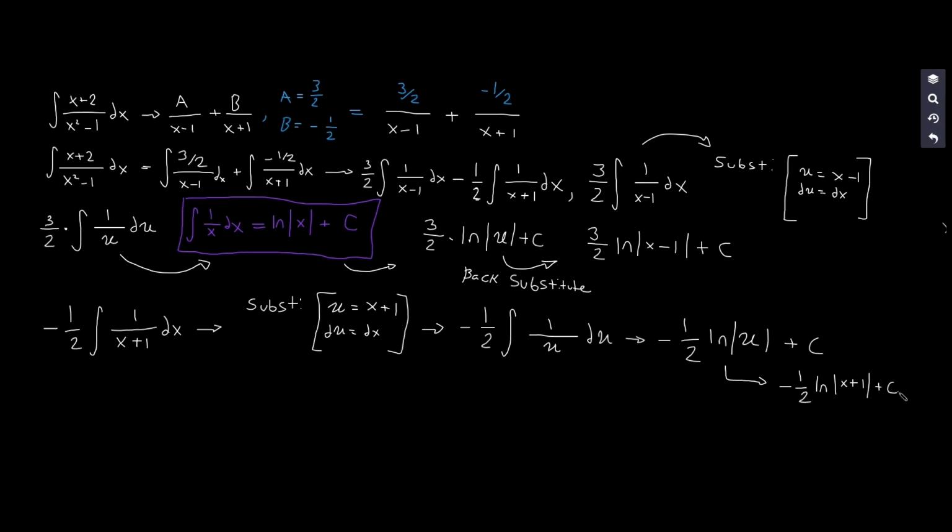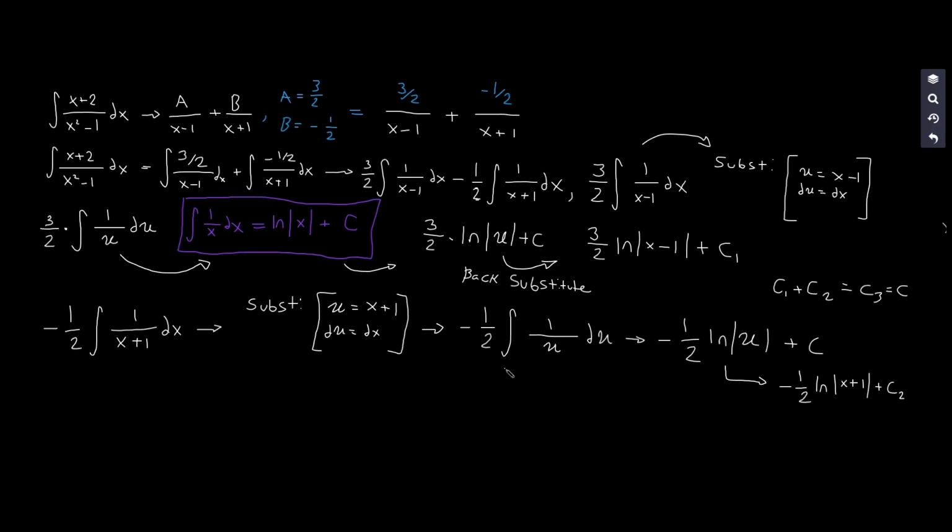Here, this is the first arbitrary constant, and this is the second arbitrary constant. But then we're going to combine them, so they become a third arbitrary constant. We could say c1 plus c2 equals c3, but we could also just write that as c. It's just an arbitrary constant.